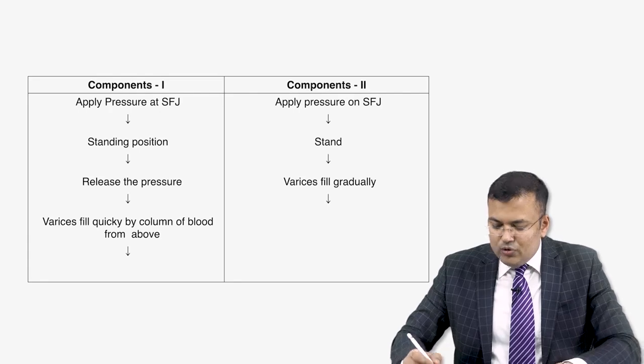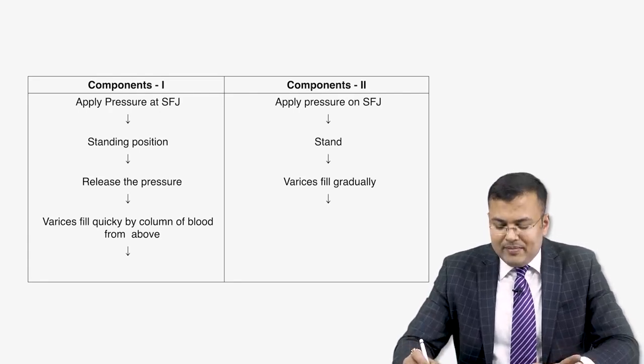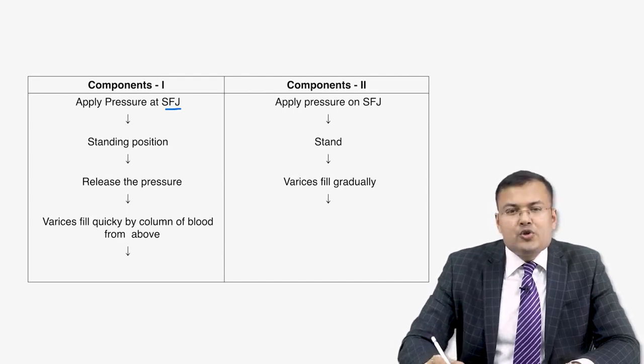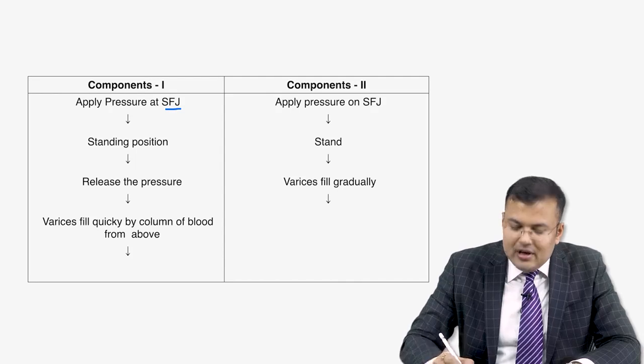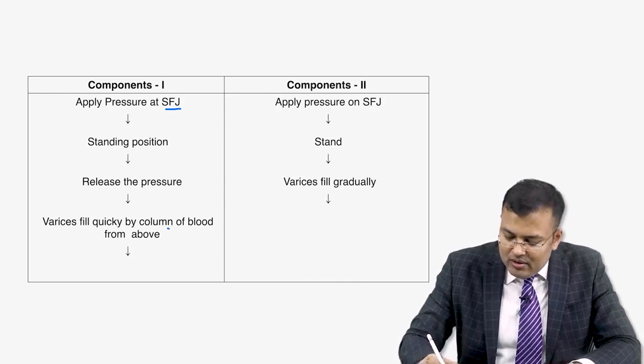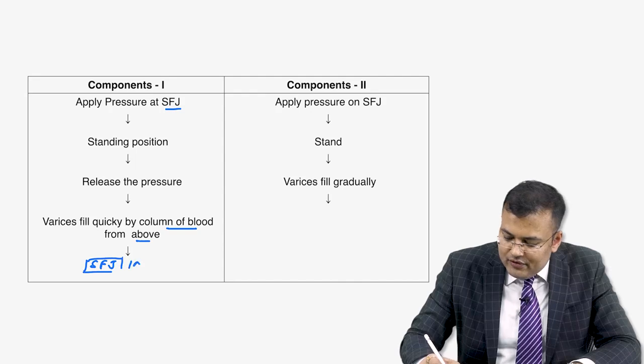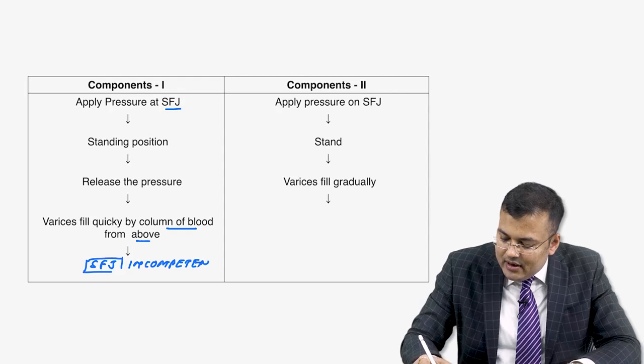So this is the Brodie-Trendelenburg test. I'm repeating: apply pressure at the saphenofemoral junction, the patient should be in the standing position, release the pressure. Varices fill quickly by a column of blood from above, suggestive of saphenofemoral junction incompetence. Guys, this question was asked in the exam.